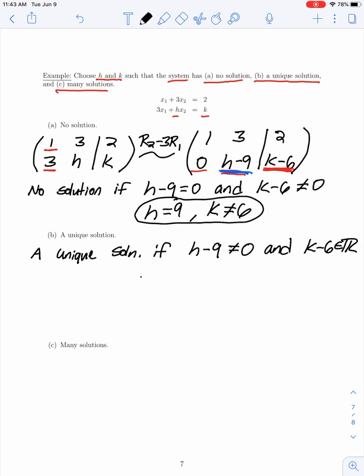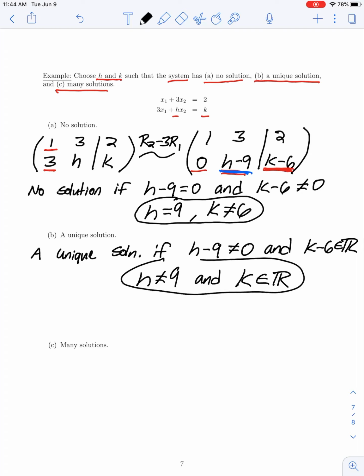So we have a unique solution if h is some constant other than 9, and k, well, if k minus 6 could be any real number, then k could be any real number plus 6, which could then be any real number. So as long as h is not equal to 9, and k is any number we want, we will have a unique solution of that system.